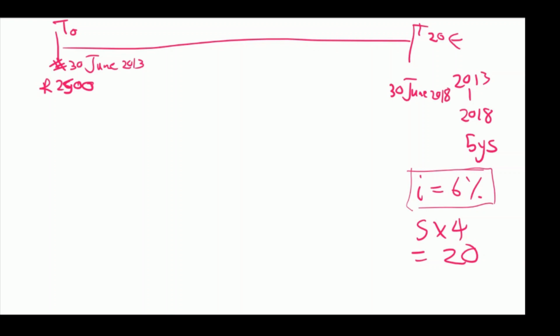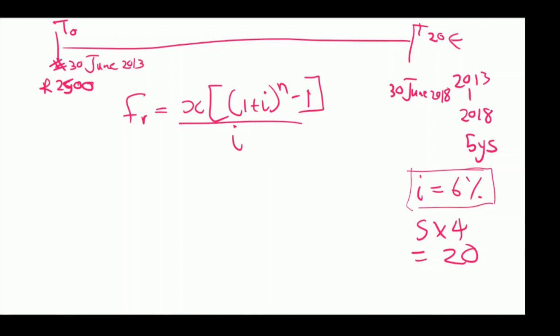So our future value formula, which is written like this: 1 plus I to the power of n minus 1 divided by I, right? So the future value is equal to, so we know the payments, it's 2.5, 1 plus our interest rate, it's 0.06 quarterly. So and what is our n?